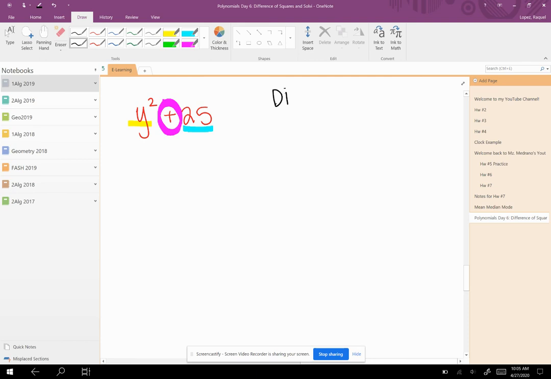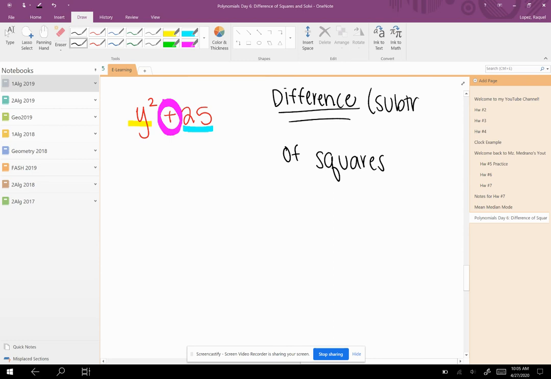This is a sum of squares. Remember, the rule is called difference of squares, and difference means subtraction. Okay, so if you get an expression like y squared plus 25, you cannot factor.